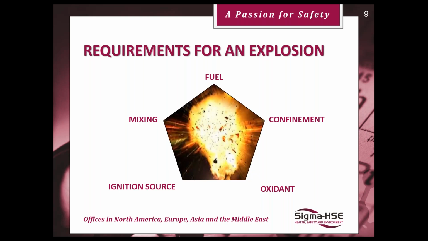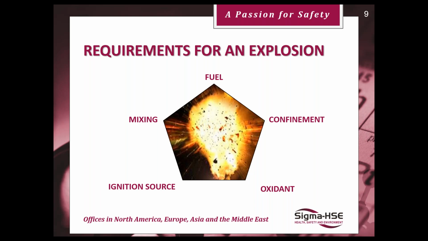So that's just some fundamentals of our explosion pentagon. And clearly, if we can remove any one of the sides of the fire triangle, the combustion reaction can't occur. And if we can stop mixing or stop confinement or congestion, we'll only end up with a fire and not an explosion.